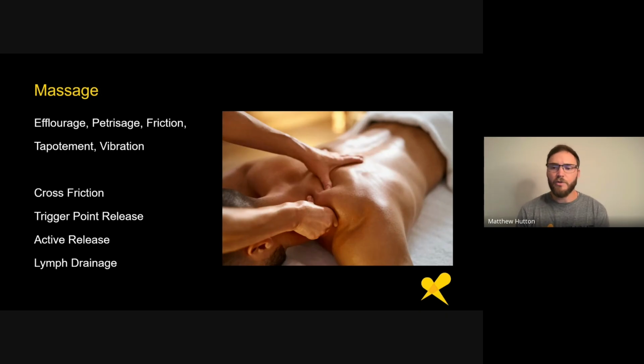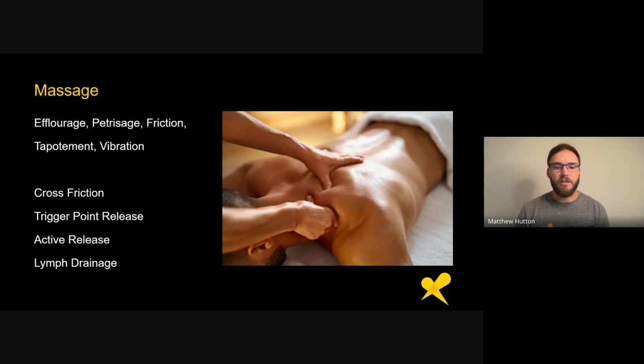And then there's active releases, which is similar, but you're actually trying to facilitate muscle length and mobility. So you're actually trying to get the muscle moving. And so you're going to have the athlete move their muscle or contract and relax as they're going through the treatment while you're pinning the muscle tissue to try to facilitate that increase in muscle length or mobility.